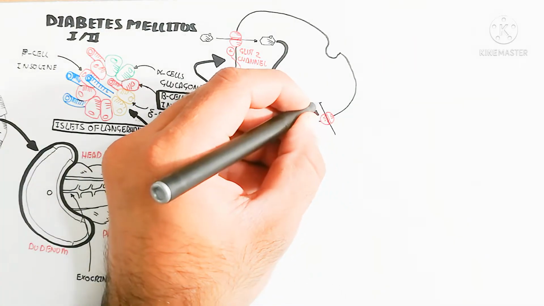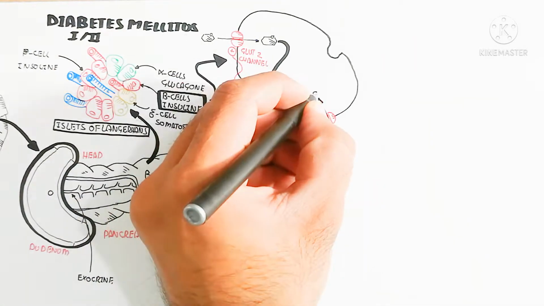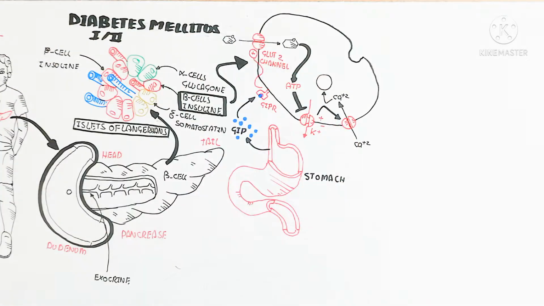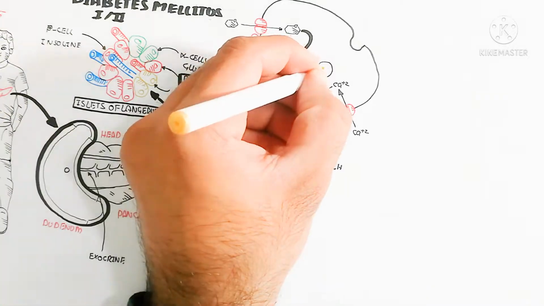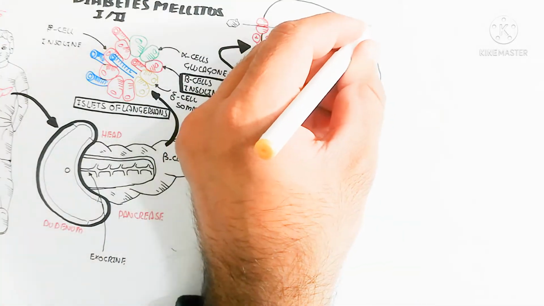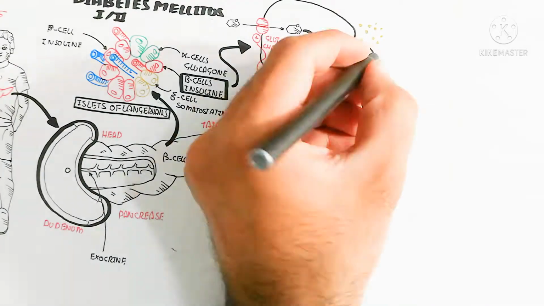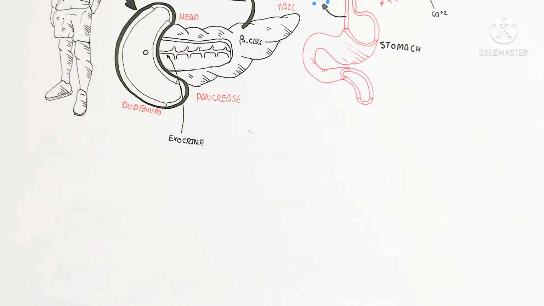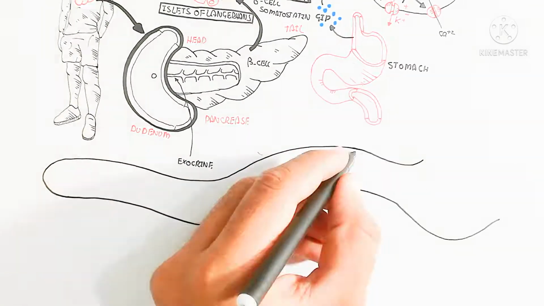This depolarization triggers the calcium channel to open, causing an influx of calcium. The calcium rushes inside and stimulates the vesicles containing insulin. The insulin-containing vesicles will be released by exocytosis.